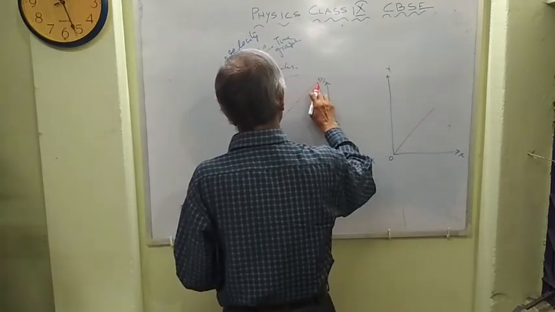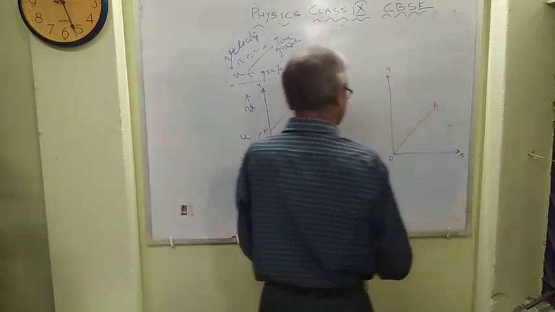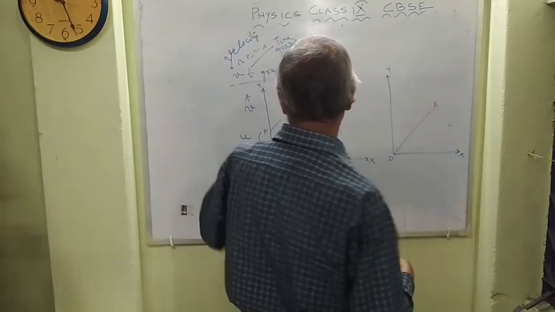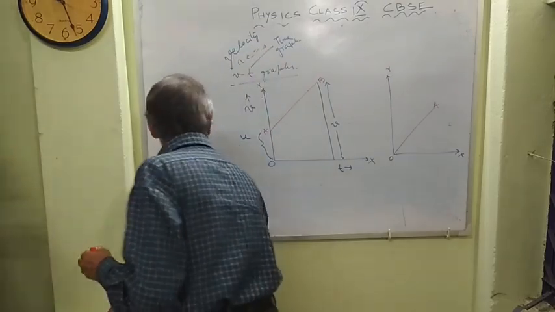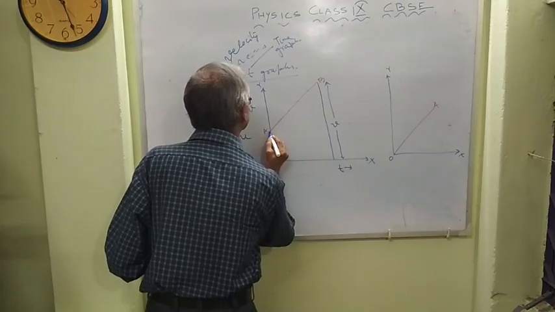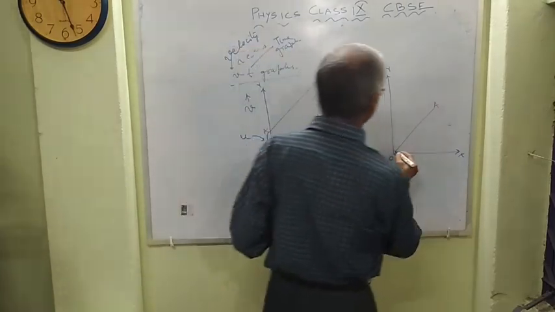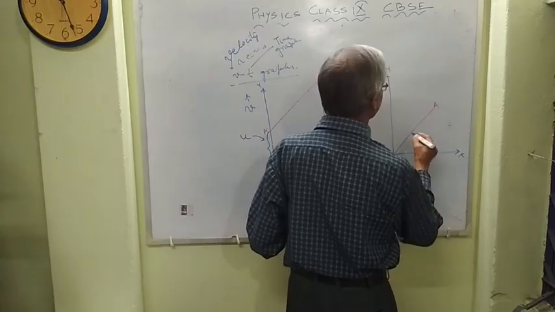The graph will be the same type, but it passes through O because no initial velocity is present here. No initial velocity, u equal to 0.